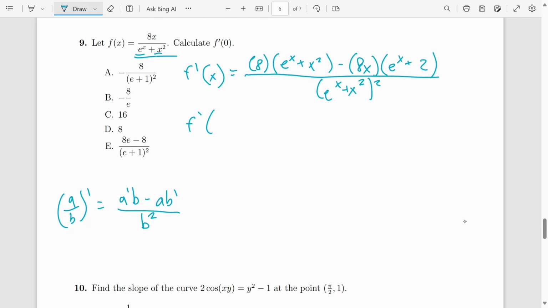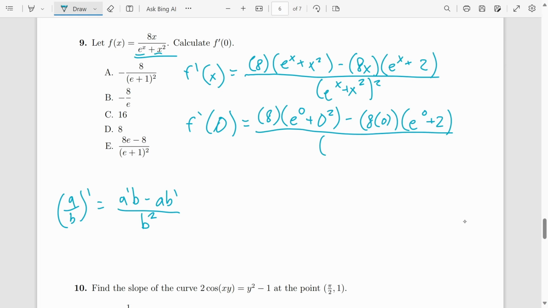So when we do f prime of 0 at this point, we get 8 times e to the 0 plus 0 squared minus 8 times 0 times e to the 0 plus 2, all over e to the 0 plus 0 squared, all squared. So when we evaluate this now, e to the 0 is just 1.